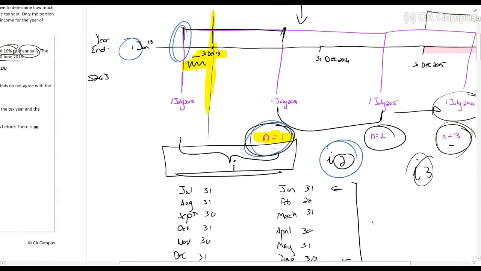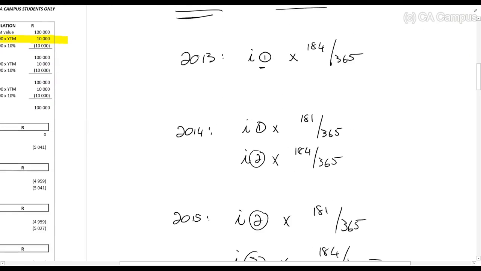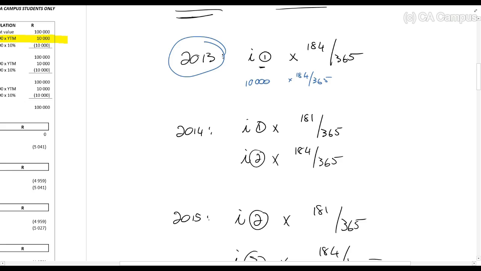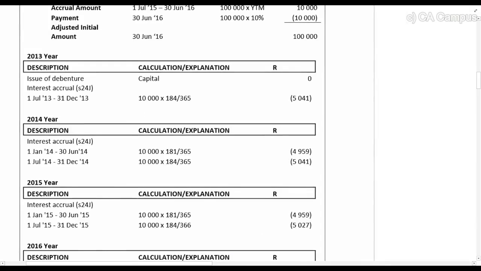the 1st of July 2013 to 1st of July 2014, but only a portion of that falls in period 1. So if interest is 10,000 rands, in 2013 it's 10,000 rands times 184 over 365. That's the only thing that happens in 2013, and that is what you can see over here.